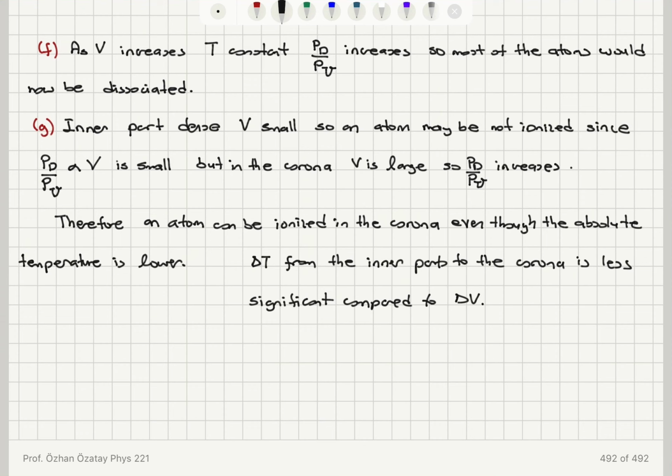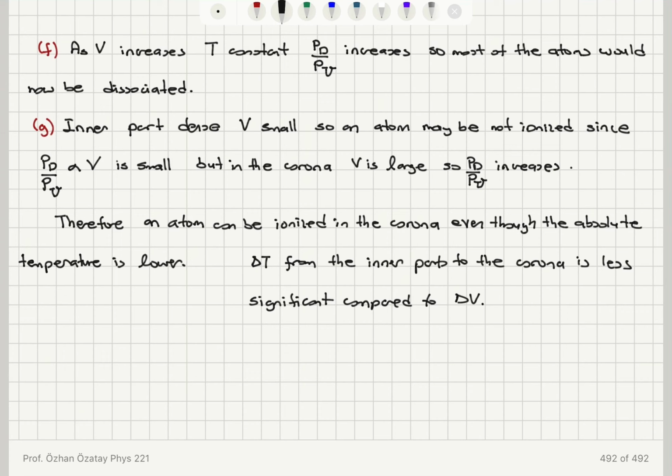And if you look at the sun, we see a manifestation of this in the spectrum that is measured. The inner part has a low volume. Even though the temperature is higher, the volume dominates, and we can see that most of the atoms will not be dissociated in the inner part, sorry, but in the outer part the volume is large, so most of the atoms would be dissociated.